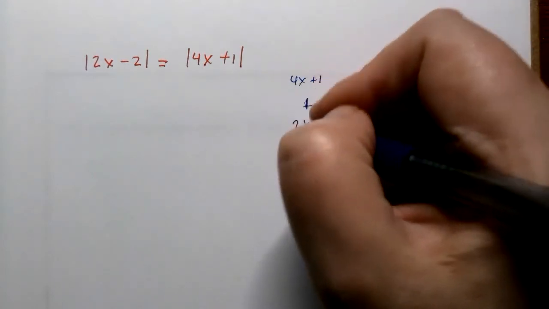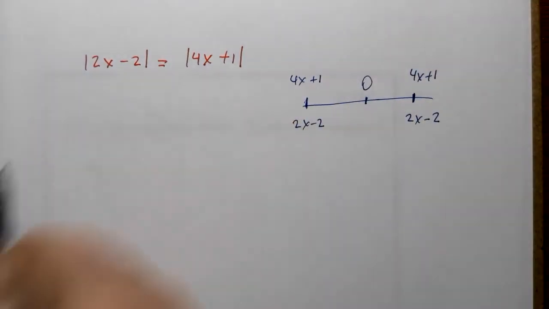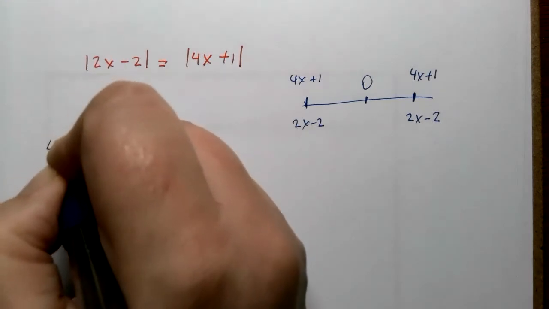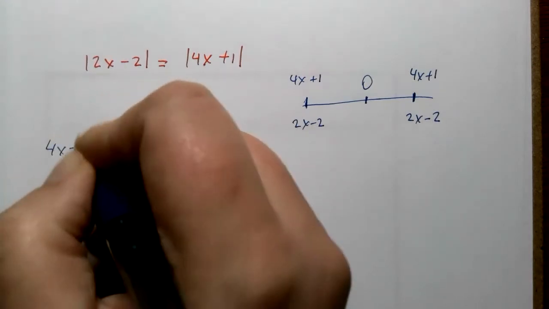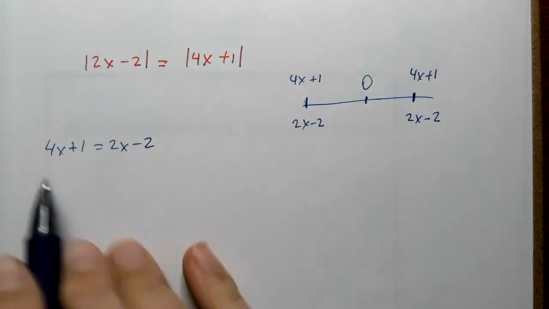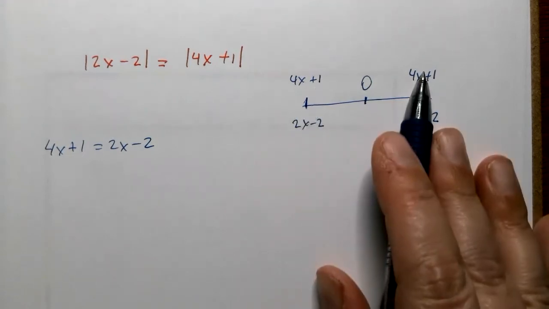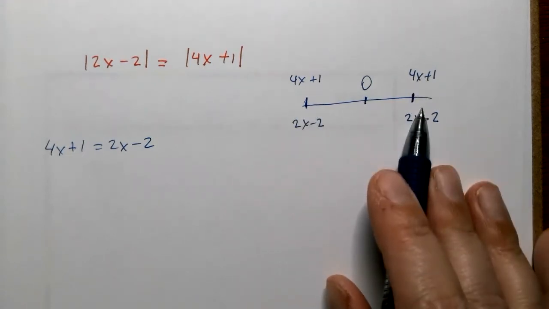So in both of these cases, they're actually equal to each other, so they could be 4x plus 1 equals 2x minus 2. So this equation describes both of these situations when they're equal to each other.